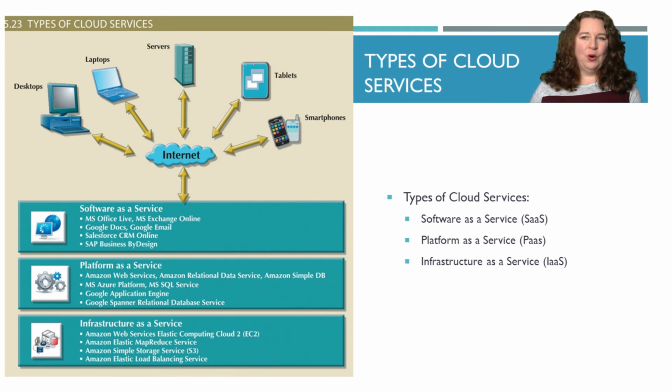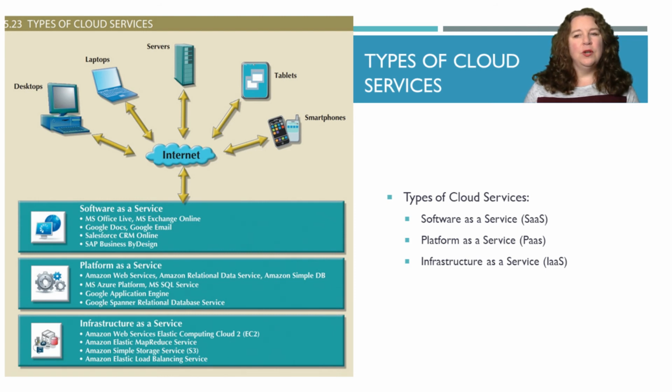Next, platform as a service. So our Azure platform, our Microsoft SQL Server, our Google applications, our databases. This is more of a platform rather than just a single piece of software, and it can also be provided as a service. By making it a service, it means it's a monthly fee, but they manage making sure it stays up to date, that it stays safe, and it stays available to you with that fault tolerance we've always talked about.